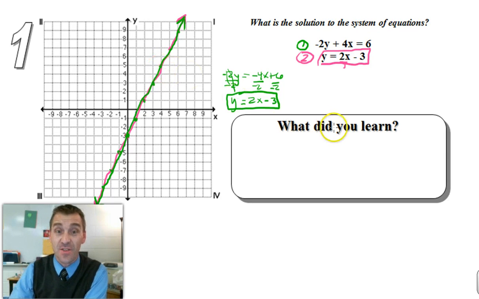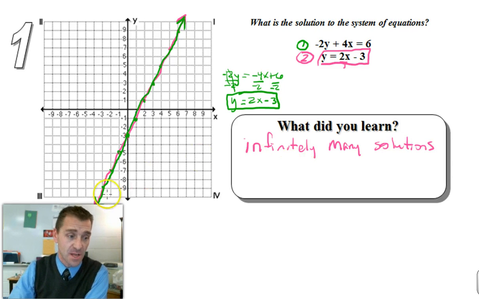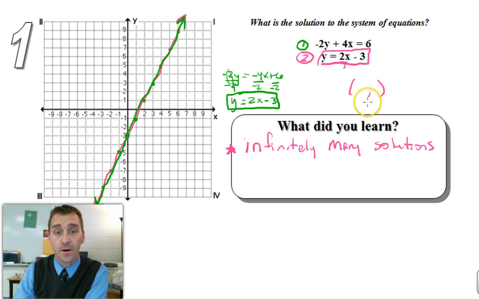The answer is this: it is infinitely many solutions. There isn't just one. There isn't just two. There's infinitely many because they lie right on top of each other. So what did you just learn? Well, one, you know it's possible to have infinitely many solutions, not just one ordered pair.